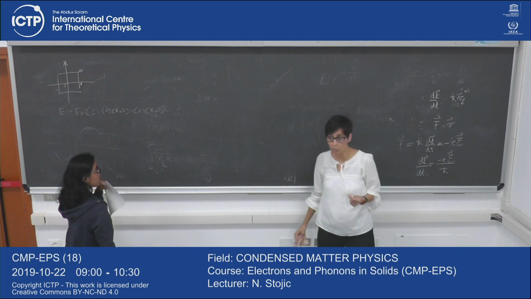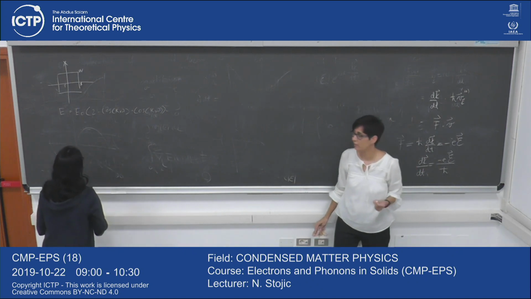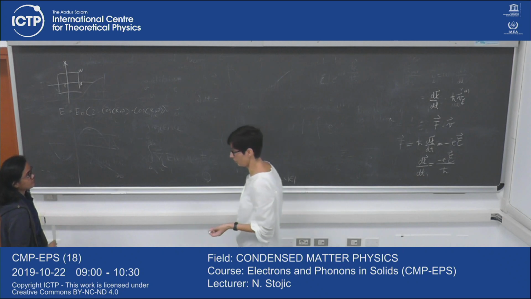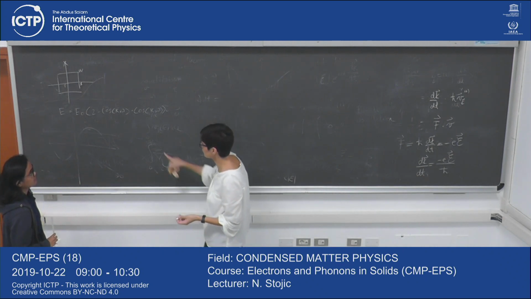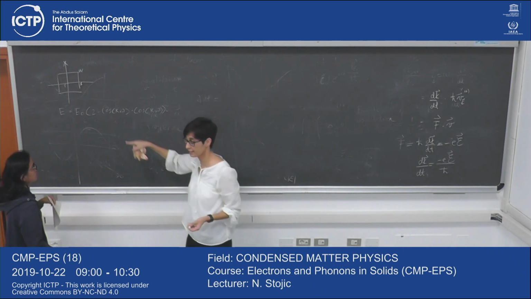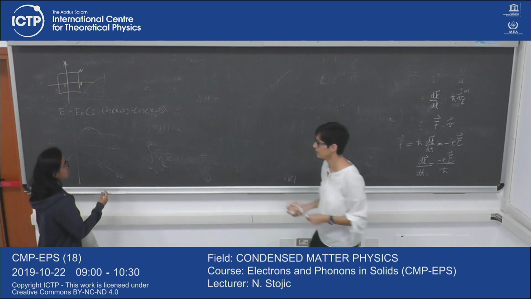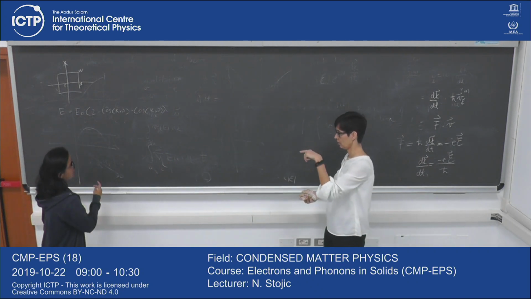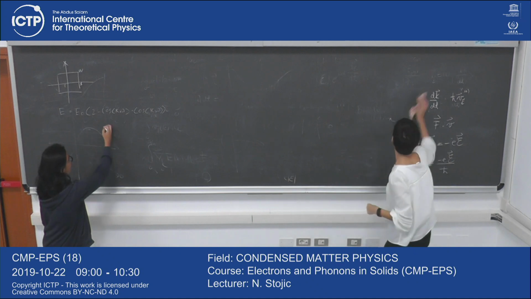So for very small k, we can expand around k equals 0. What is the expansion of cosine x as x goes to 0? It's 1 minus x squared, yes.